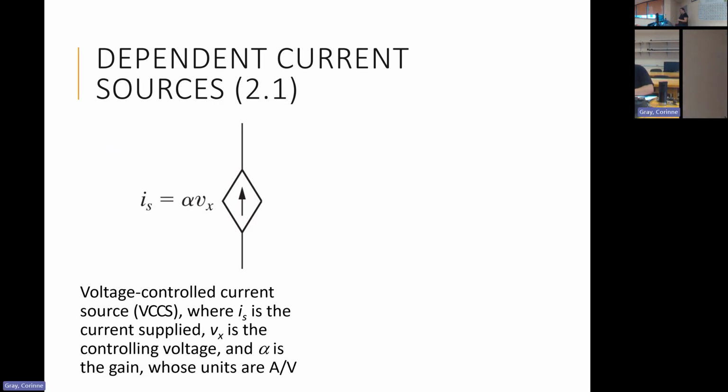For the voltage controlled current source, or VCCS, Is is going to be the current that is created by this source. Alpha is referred to as the gain, so it is amps per volt. We multiply it by Vx, which is the controlling voltage, which again will be labeled somewhere else in the circuit.